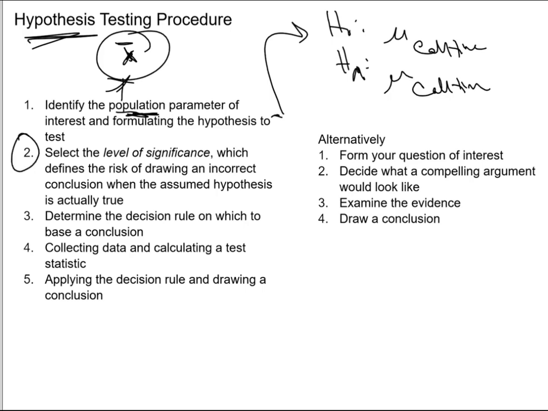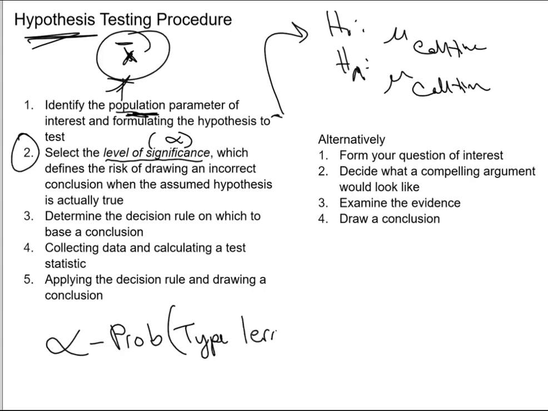Number 2, we got to select what's called the level of significance. This is the alpha that you may recall from hypothesis testing. Oh boy, what is an alpha? This is a little complicated, but what we can say is that alpha is the probability of committing a type 1 error, conditional on the null being correct.